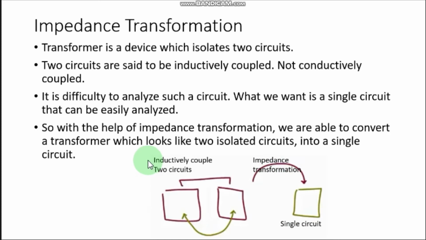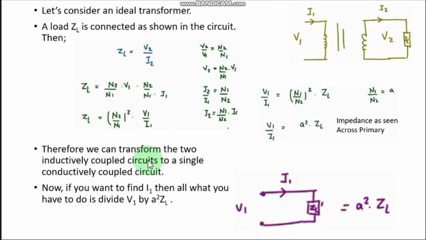And so there we assumed an ideal transformer, and then we showed V1 over I1 for this ideal transformer, where V1 is the primary voltage and I1 is the primary current, and V2 is the secondary voltage and I2 is the secondary current, and ZL is the load.